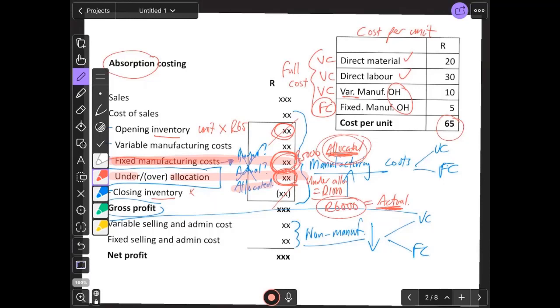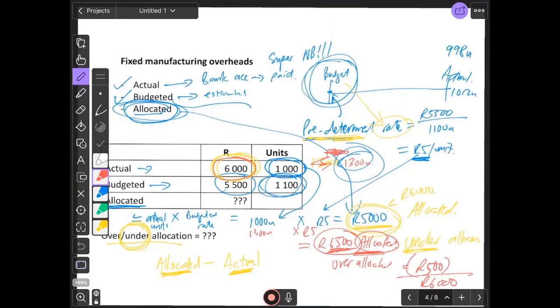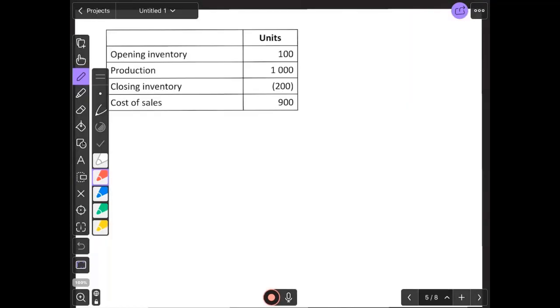Okay, so here's a question on first in, first out. I don't think we'll have time for that now, but I think it's a good idea to go and practice a question and see how it affects your absorption costing income statement. Remember, like I said, with first in, first out you have to be careful because your opening inventory will be the prior year's closing inventory. So the cost will be known, it will be given. And the production will be separate from it.